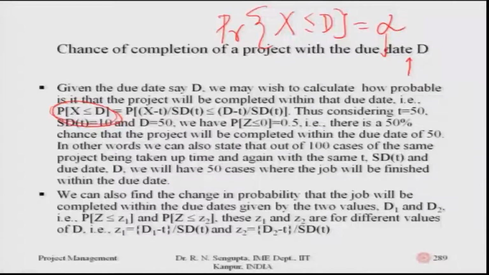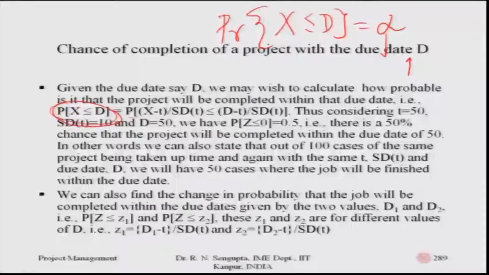So, if I consider x as the overall random variable depicting the time, and if I consider the central limit theorem to be true, then x would have a normal distribution with an expected value of t and the standard deviation as SD(t), or variance as calculated.